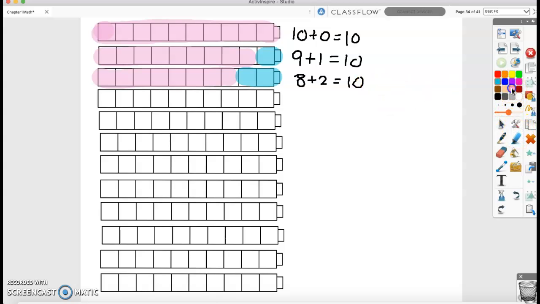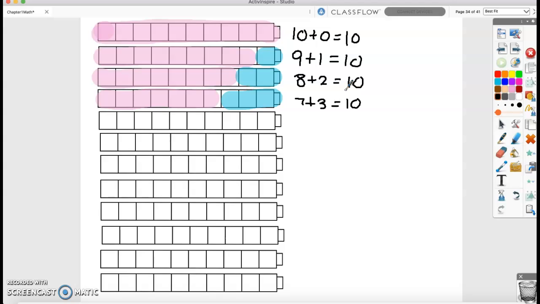Let's go to the next one. This time I'm going to color all of these pink and these ones blue. If I did that, what is the number sentence? The number sentence would be 7 plus 3 equals 10.